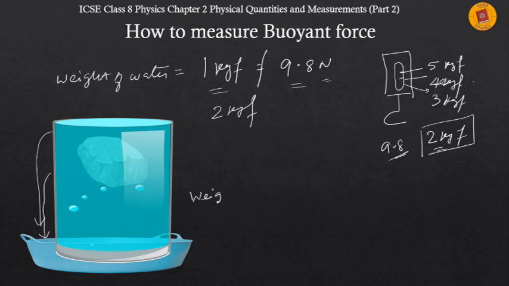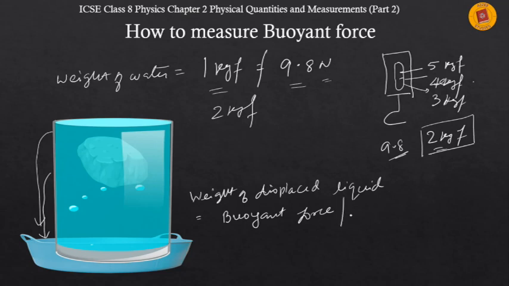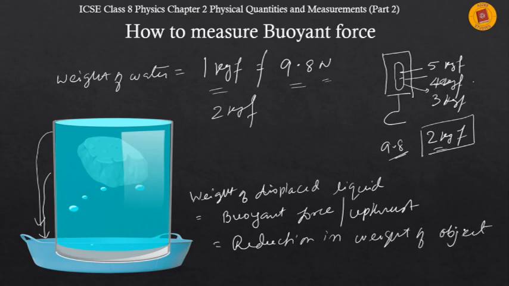Weight of displaced liquid is equal to buoyant force or upthrust, which is equal to reduction in weight of object, right?